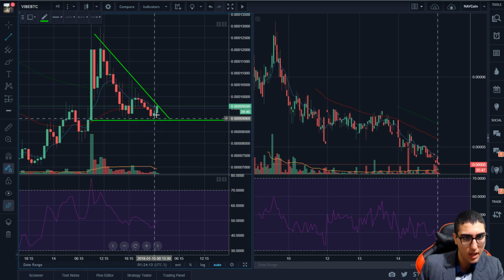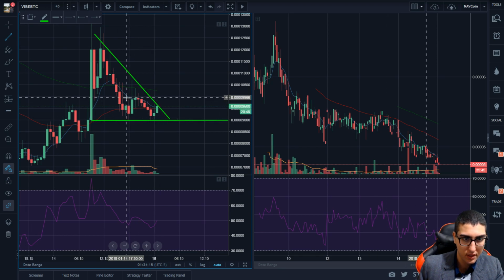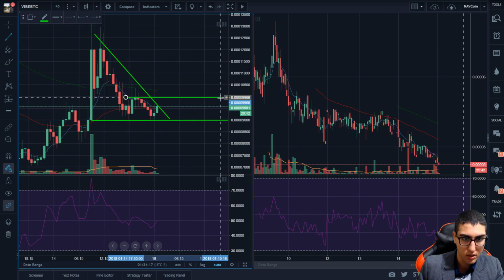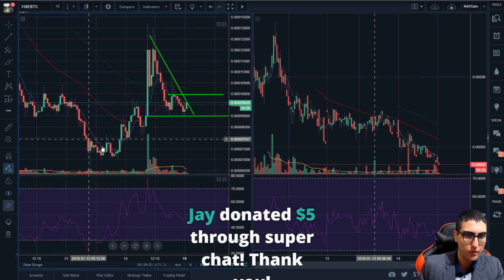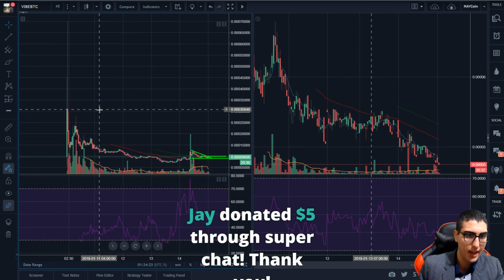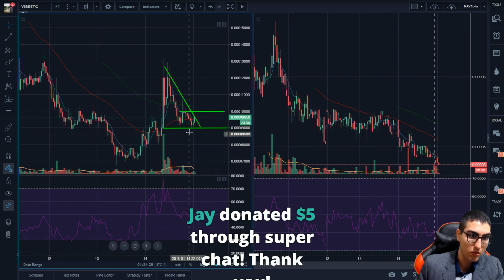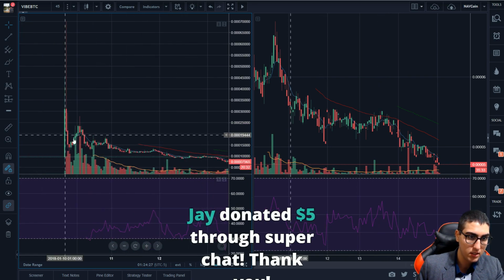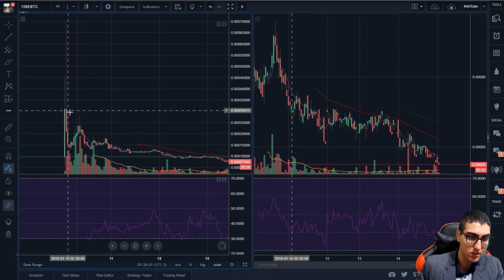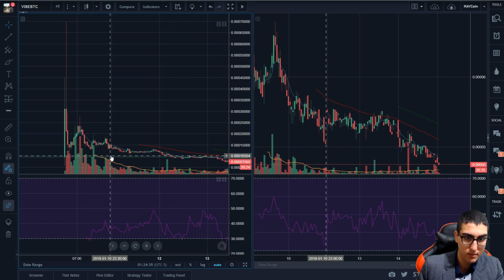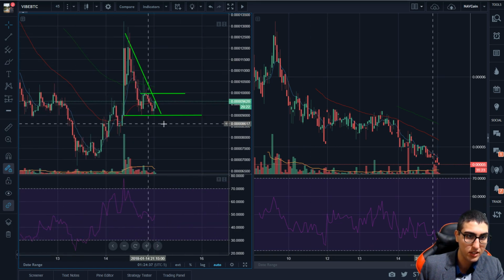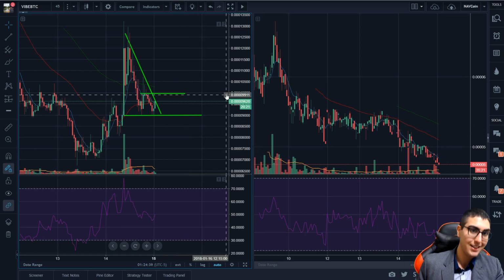Now, as this channel starts to form, if we can continue to watch this channel and see it go horizontal, I think that would be really good for Vibe, being the fact that it's really at these low levels compared to where it was previously. You can see it really was around 31,000 satoshis, went down to around 22,000, found support right around 10,000, 11,000, and now we're only at the 9,000 range.